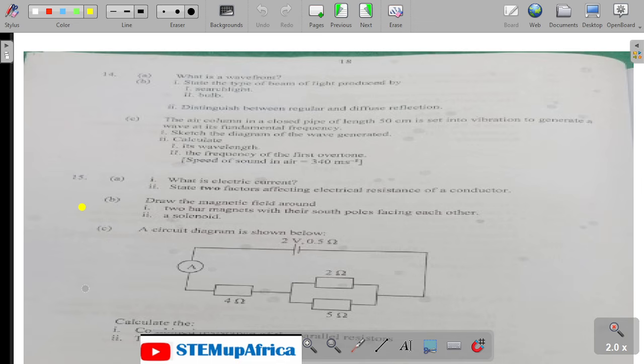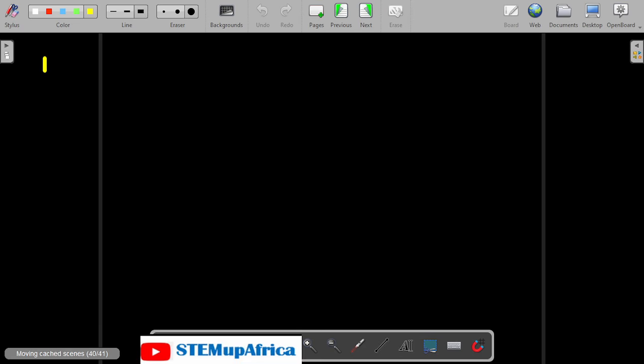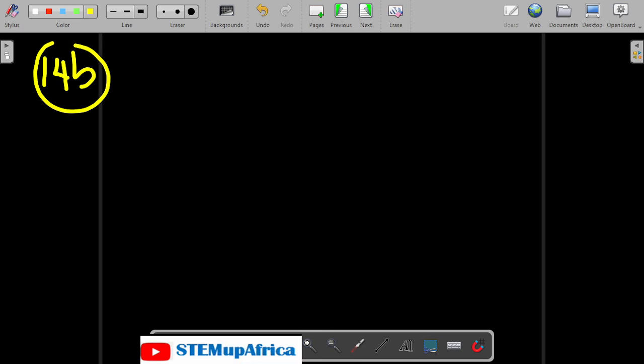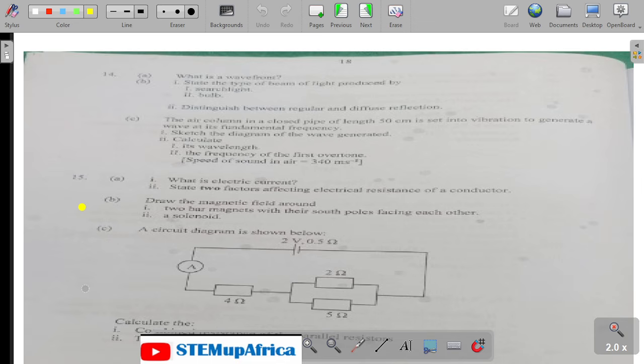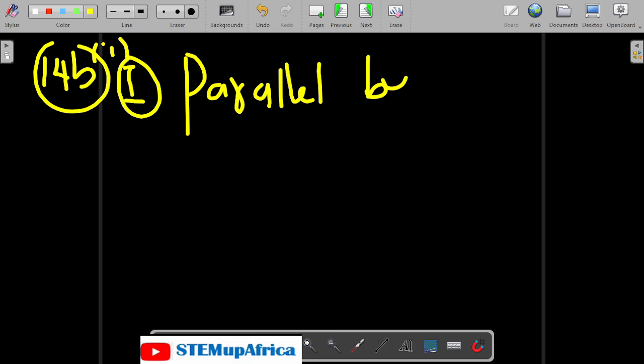14B says, state the types of beam of light produced by a searchlight. So we go to 14B, Roman figure 1, which has numerals 1 and 2. Numeral 1, the searchlight: the beam produced by a searchlight is a parallel beam of light.